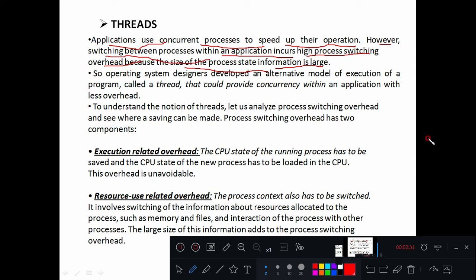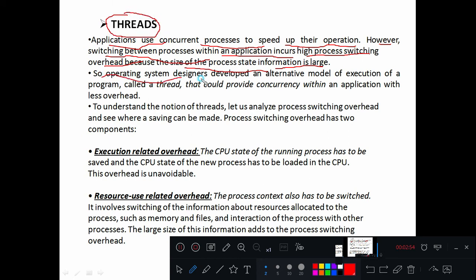All these tasks should be handled by a particular process. So in such cases, the overhead associated with that particular process will be very large, right? So to overcome that problem, or to reduce that overhead, we talk about this thread.